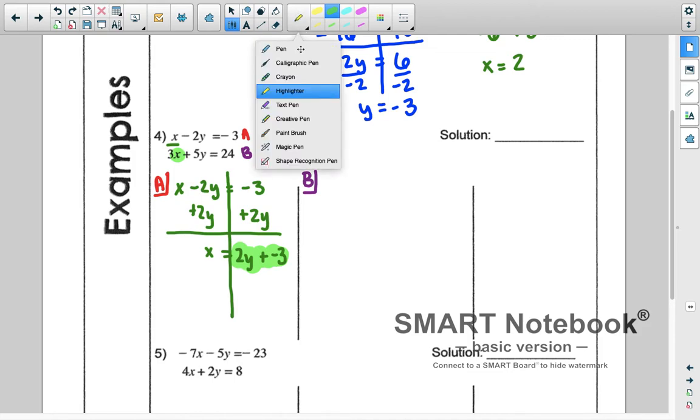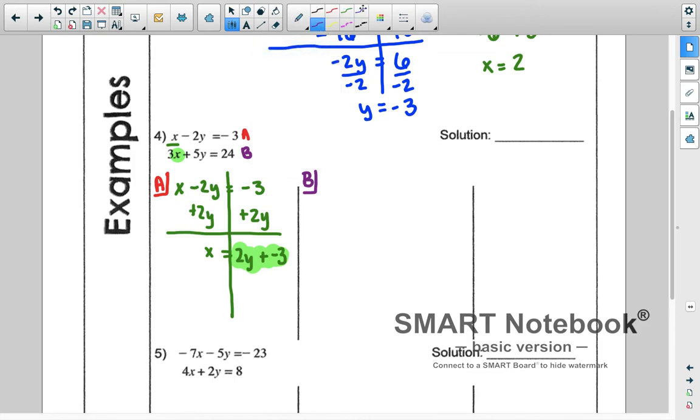Okay. So for part B, we're going to say 3, and then in parentheses what x was equal to. X was equal to 2y plus -3. So 2y plus -3. Okay. Plus 5y equals 24.